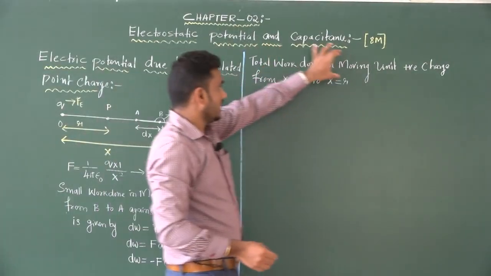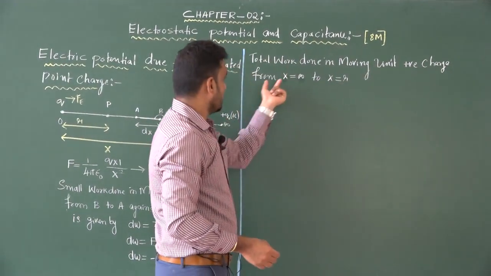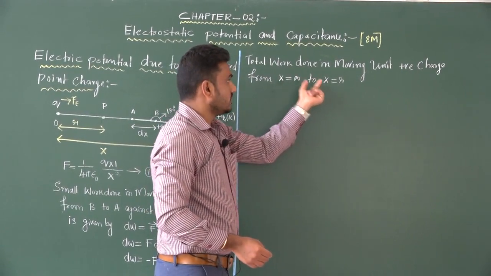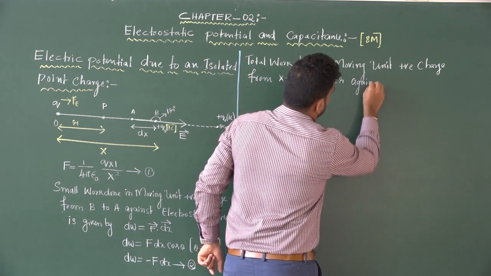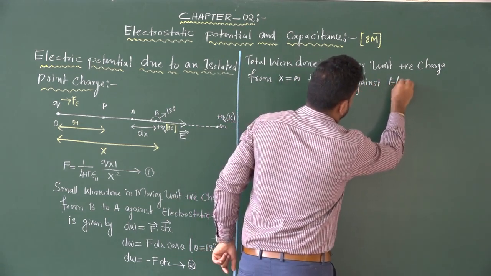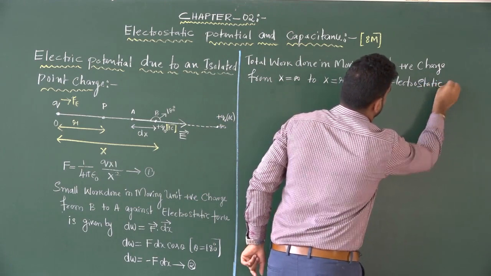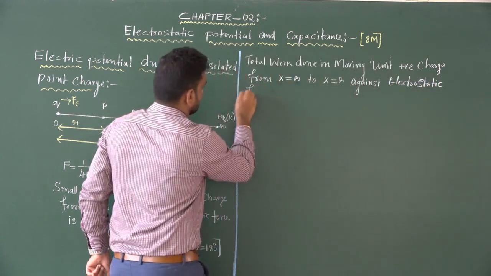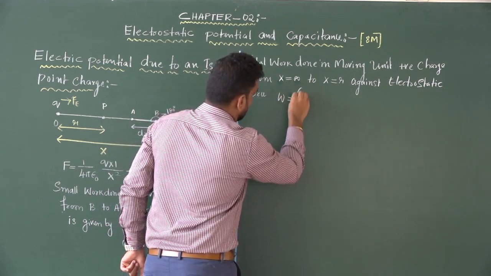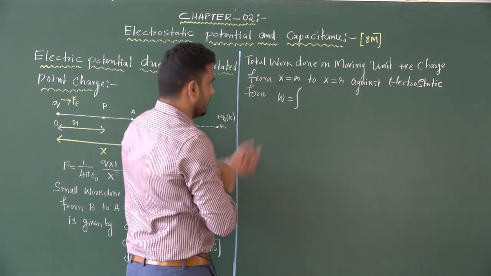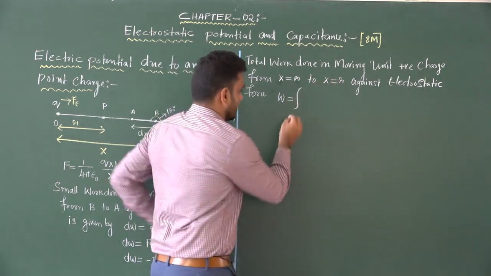So work done in moving unit positive charge from x equal to infinity to x equal to r against electrostatic force, W, can be calculated by using integration, from infinity to r.